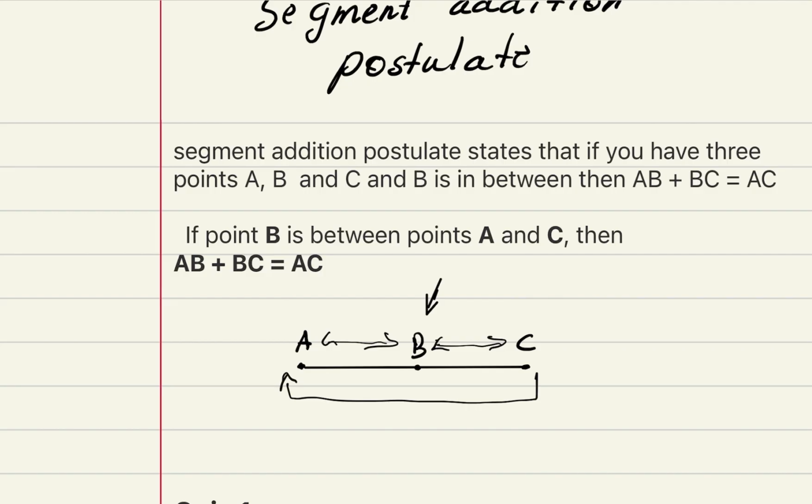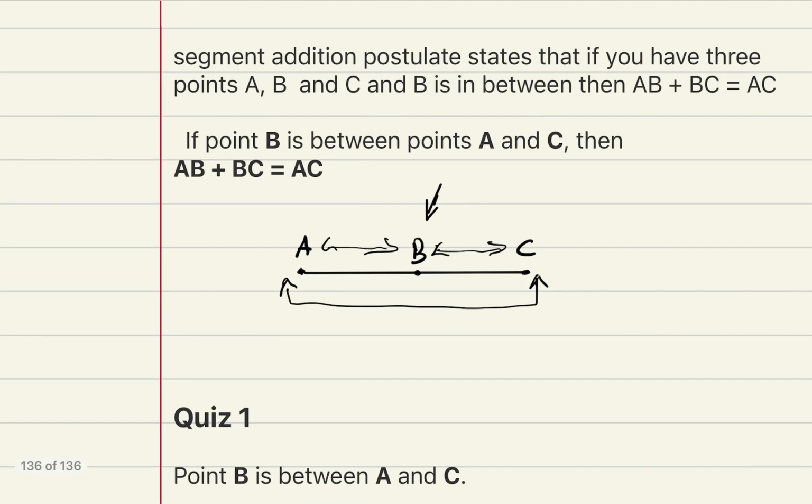And you can see from this diagram, it's very clear what that means, right? So here is AB, and then we add BC, and it is equal to the whole thing, AC. So this is very simple, especially when you visualize it like I just did.